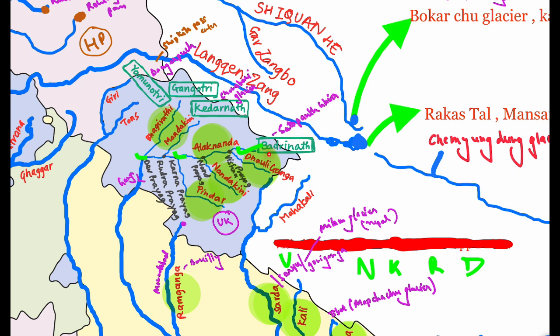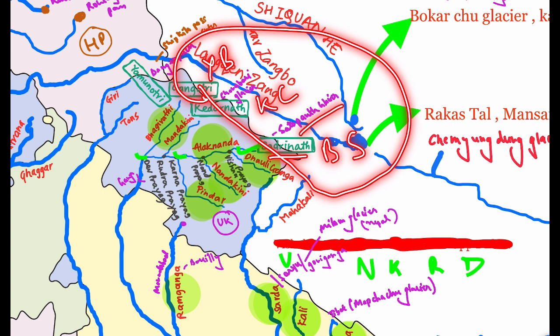So here we have Badrinath, Kedarnath, Gangotri, Yamunotri. Yamunotri originates from Bandarpooch Glacier, Kedarnath from Chorabari Glacier, and Badrinath from Satopant Glacier. So Yamunotri Bandarpooch, Kedarnath Chorabari, and Badrinath Satopant.